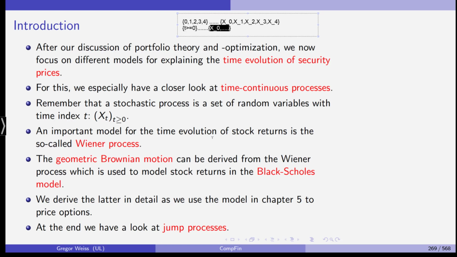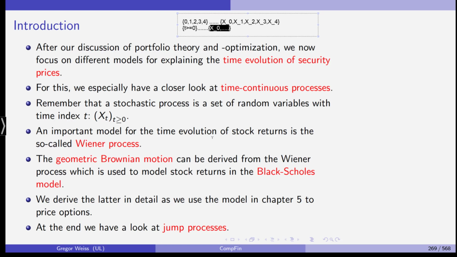And we'll have a look at the most important model for the time evolution of stock returns, and also in mathematical physics, which is the so-called Wiener process. And then we can derive from the Wiener process the so-called geometric Brownian motion, and this is the model used in the Black-Scholes model for option pricing.